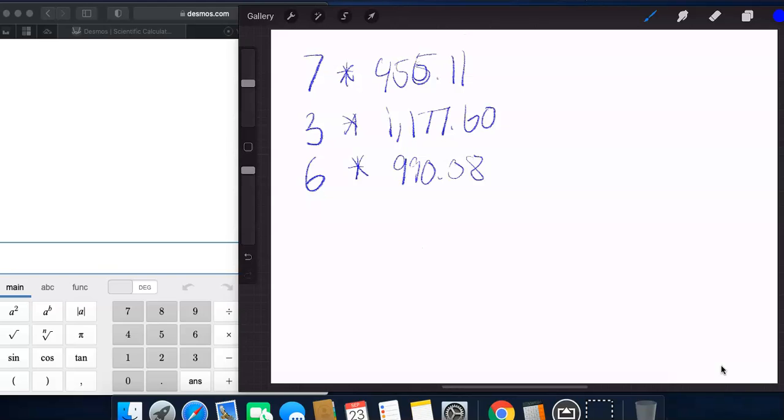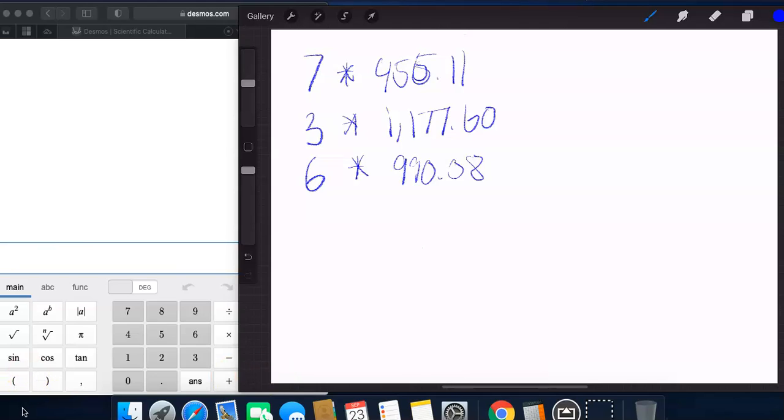Again, this means that for 7 days she owed $456.11. Then she made a purchase or a number of purchases, and she may have paid some stuff off too in that time frame, but what she's charged to this card is more than what she's paid down. So $1,177.60, and she was left at that balance for 3 days. Then for 6 days, she's now sitting at $990.08.